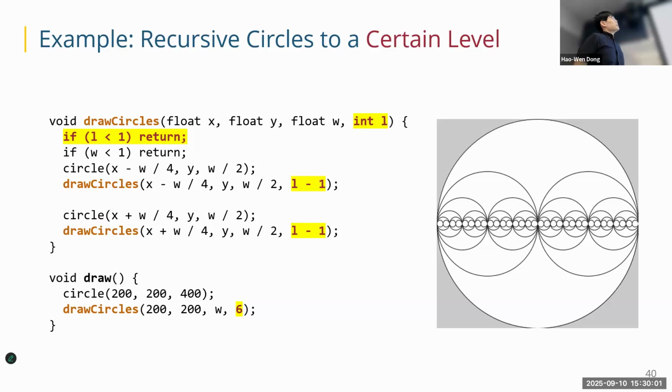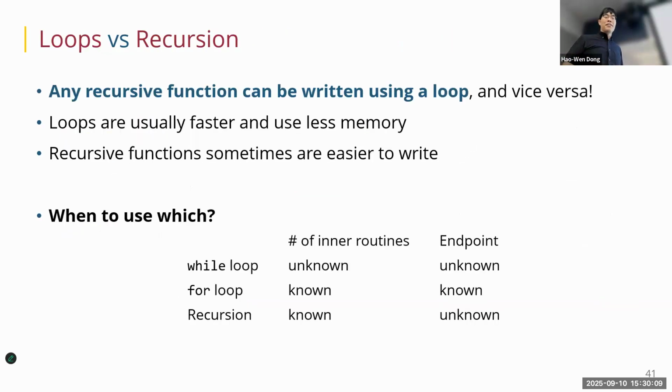Sometimes it could be nice to do it. Again, we won't go deeper into recursion. Recursion is very fun, but also very chaotic, and you can find a lot of very interesting examples using recursion. There's a theorem in computer science theory that any recursive function can be written using a loop.